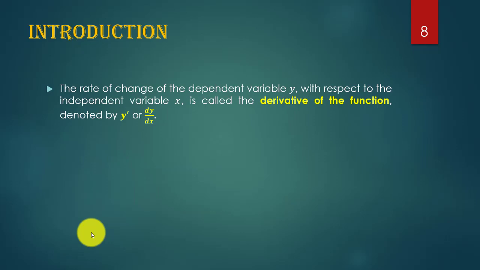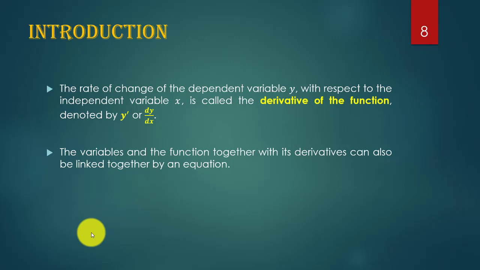The rate of change of the dependent variable y with respect to the independent variable x is called the derivative of the function, and it is denoted by y prime or dy over dx. The variables and the function together with its derivative can also be linked together by an equation, and such equations are called differential equations.